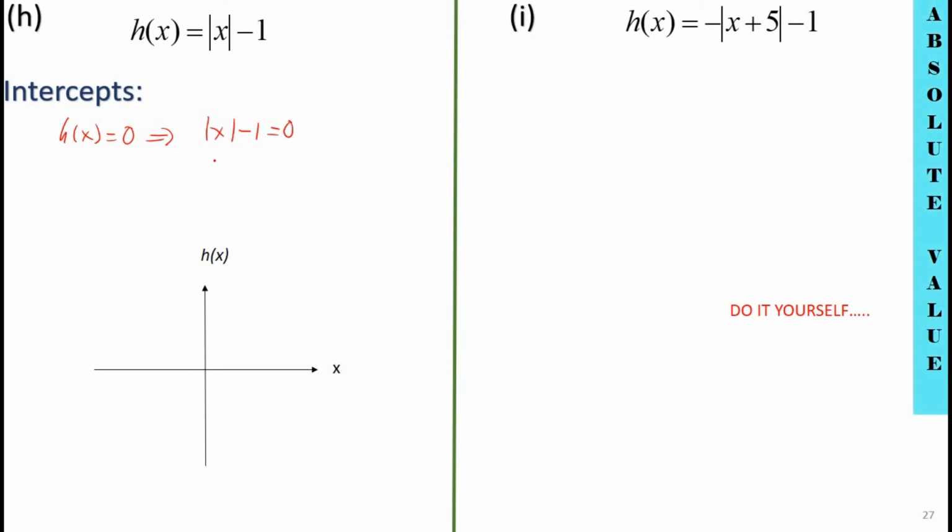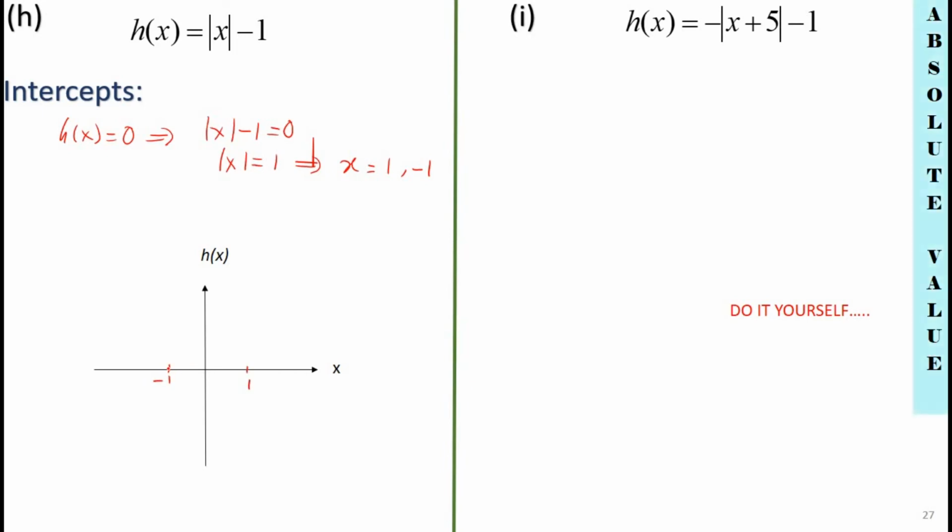So this is to find the x-intercept. From here you have modulus x is equal to 1. So meaning x can be equal to 1 or x can be equal to negative 1. So from here you have 2 points, 1 and negative 1. So let's say this is negative 1, this is 1.